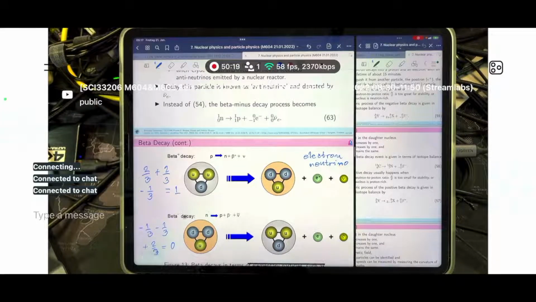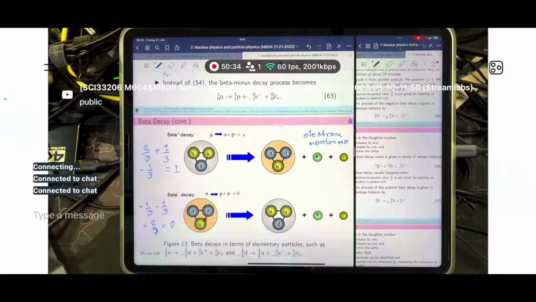Okay, and that's the whole process for the beta plus decay. We start from proton, and proton turns to be neutron, and two particles are emitted, positron and neutrino.